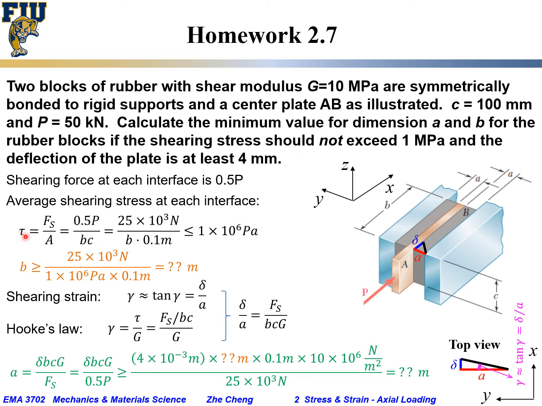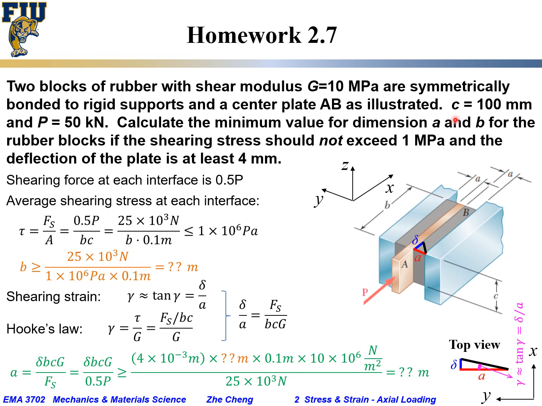Shearing stress is defined as shearing force over area, and the shearing force is half of P, and the cross-section area of interest would be, as you see, B length times C width, and B we don't know, C we know.